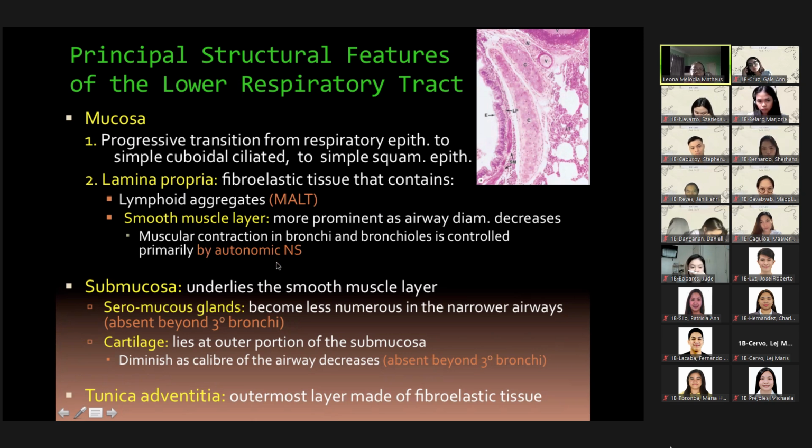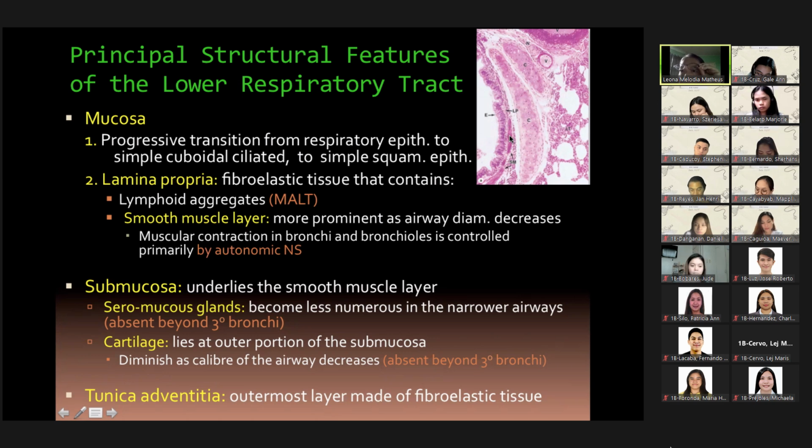Then lastly, you have your tunica adventitia, which is usually made up of fibroelastic tissue. If you look at the picture here, from this point to this point is your mucosa, where you have here your lining epithelium, and next to this you can easily see the lamina propria, and here in the lamina propria you can see your lymphoid tissue.